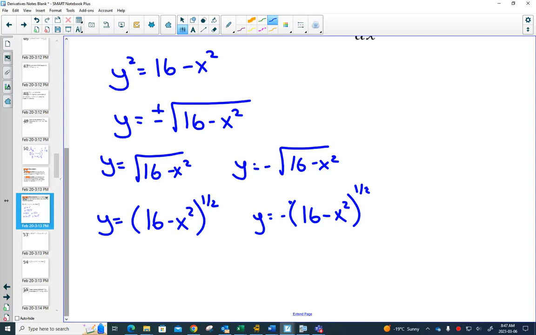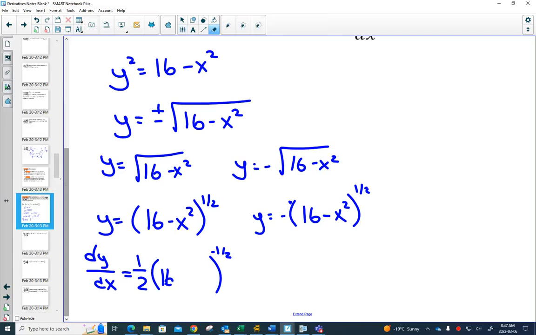So if I want to find the derivative, dy dx of this one, the 1/2 would come out in front, subtract 1 from my exponent, keep the inside the same, and then multiply by the derivative of the inside.